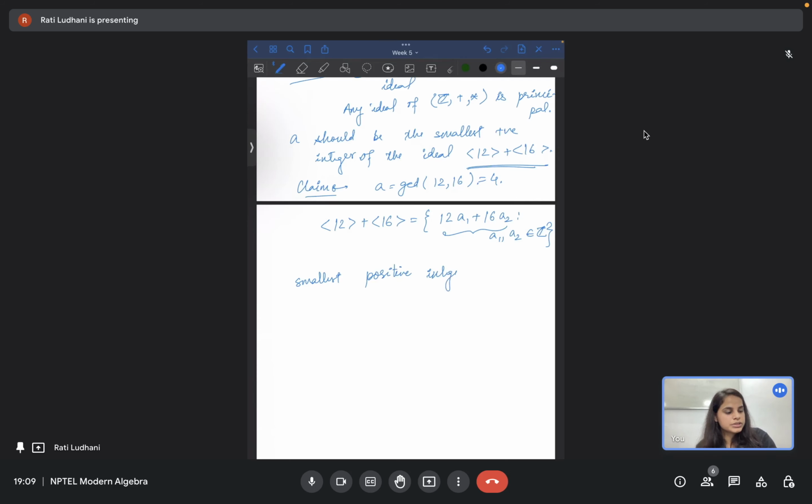The smallest positive integer in this set will be equal to the smallest of this set, which is exactly the GCD.